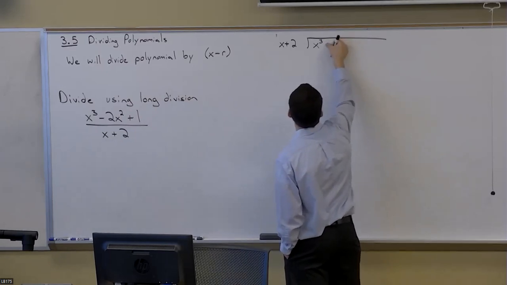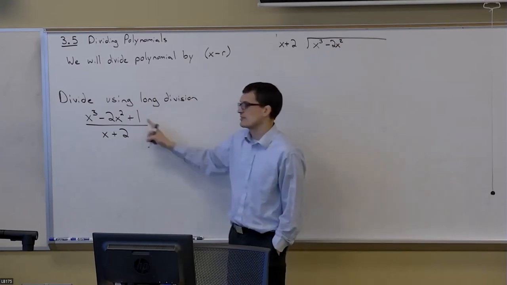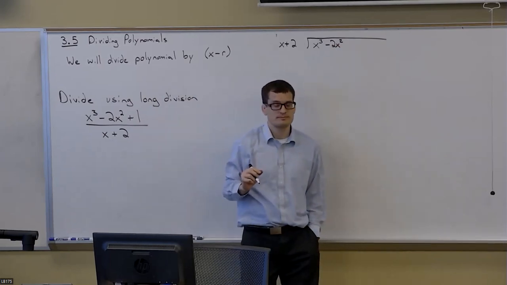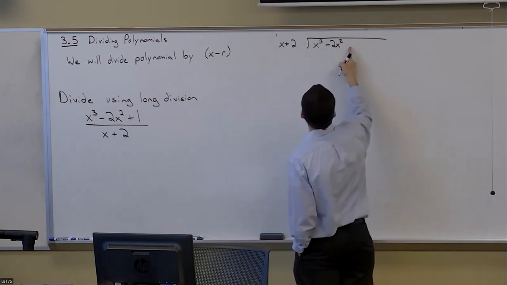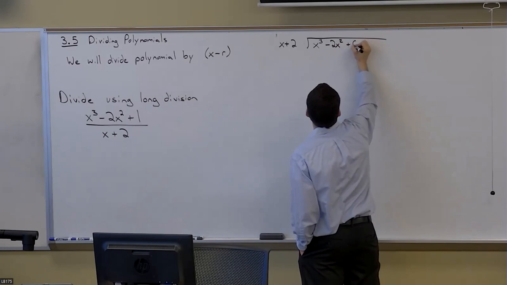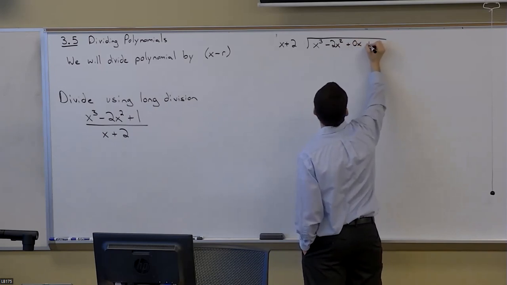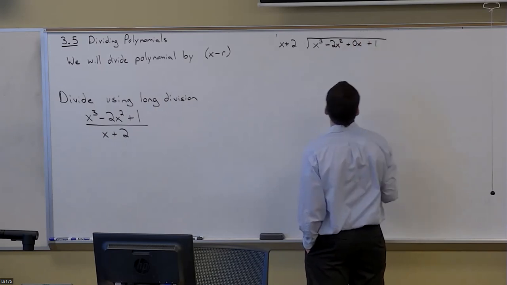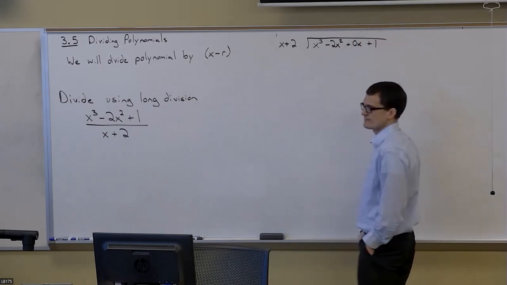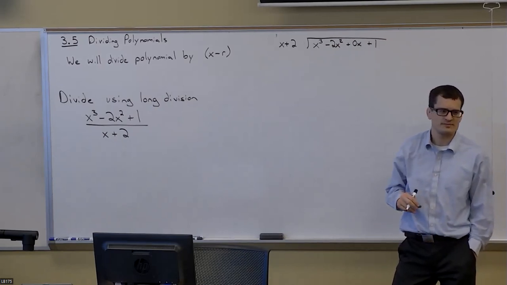You guys okay with that? Minus 2x squared. Now be careful about this. I don't have an x to the first term. So underneath the sign, I have to put basically a 0x to the first term. And then plus 1. You guys remember doing something like this? Good.